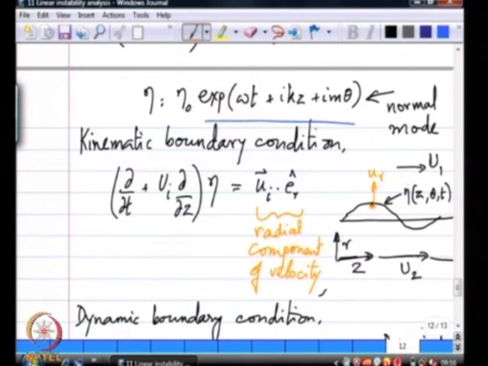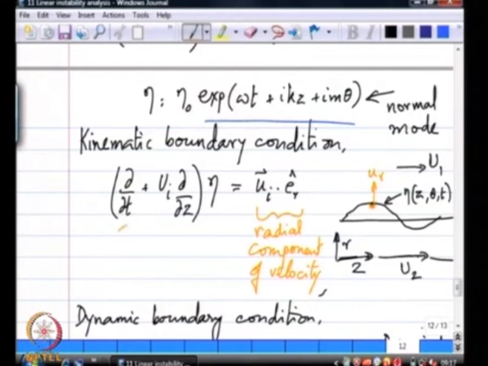Since the material point happens to be on the interface, the rate of change of eta should equal that material velocity, or the Eulerian velocity, at the interface. So, what do we mean by that? This interface point can exhibit a radial velocity due to two reasons.